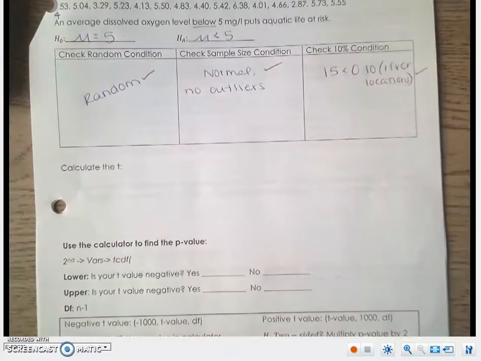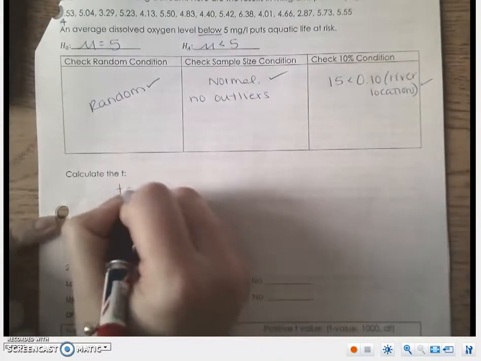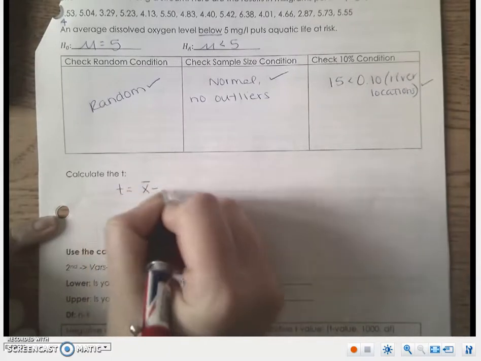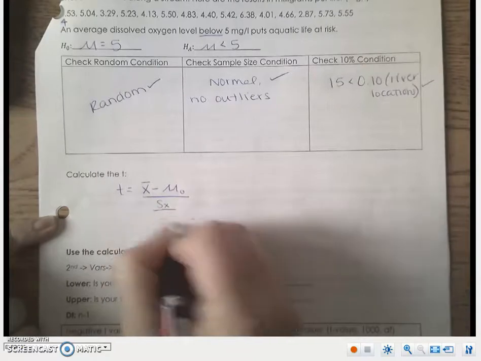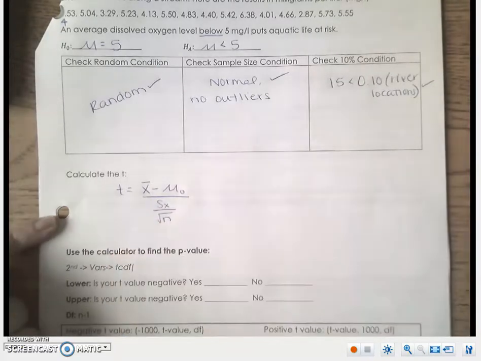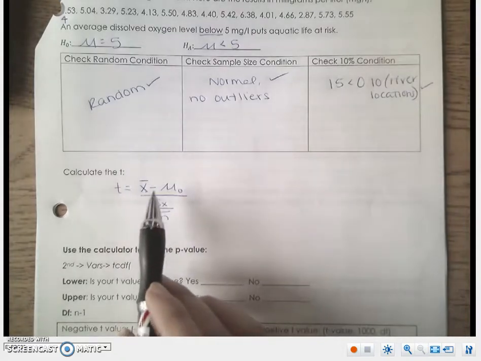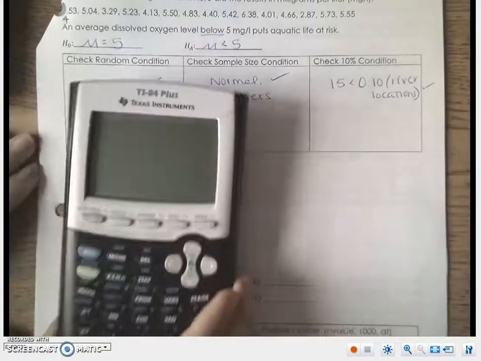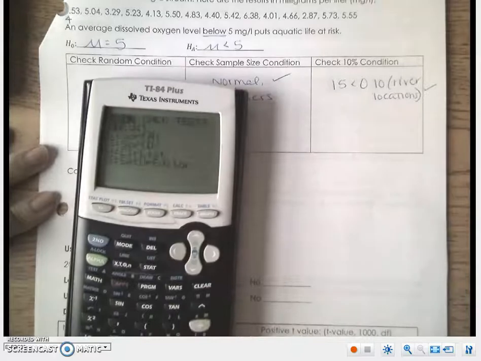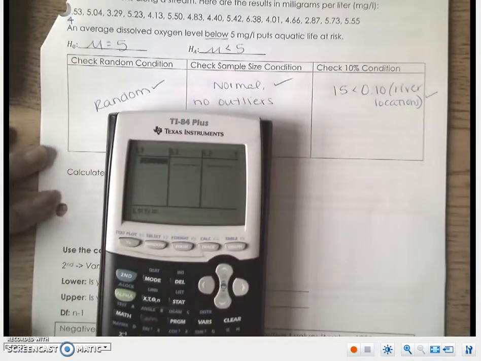Okay, so now we need to calculate the t. Remember that t is equal to x bar minus mu over the standard deviation of the sample divided by the square root of the sample size. You can calculate the sample mean by putting all the values in the calculator, and the calculator does it for you. So if you go stat, enter for edit, I'm going to enter all of these values in the calculator, and then I'll be right back.